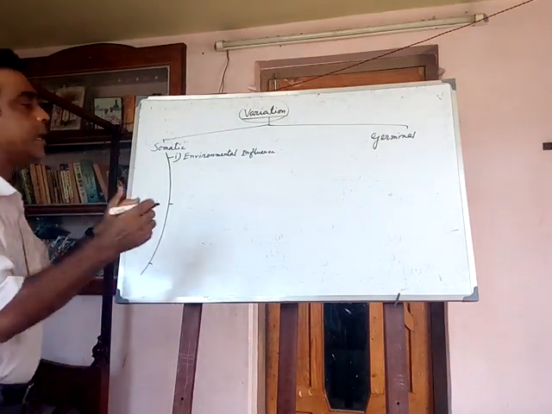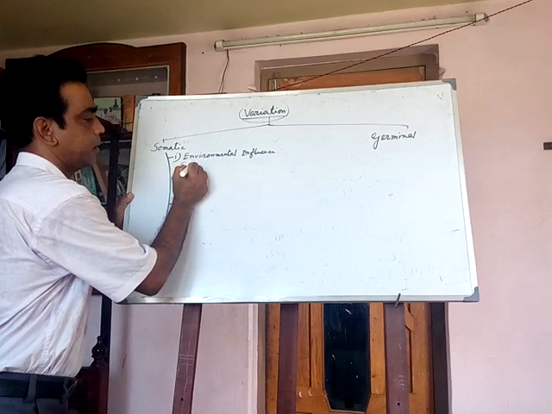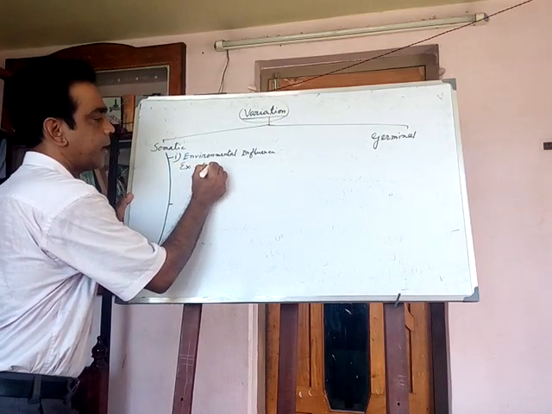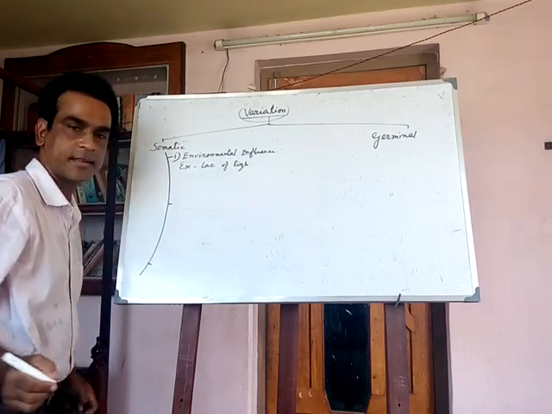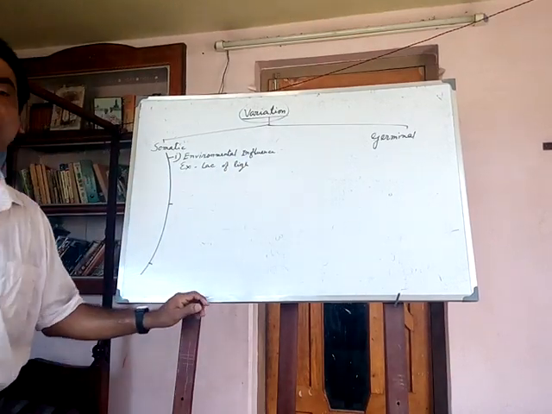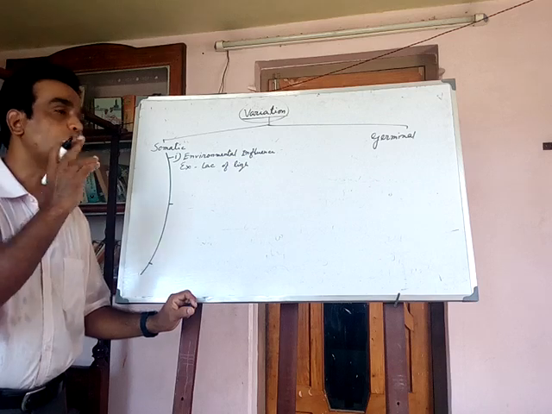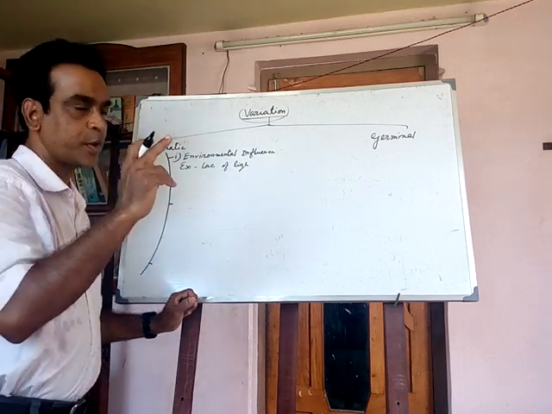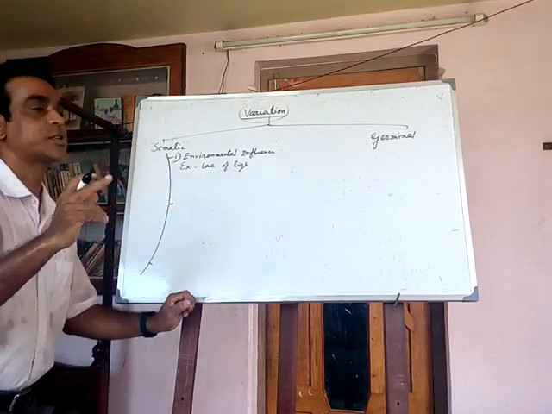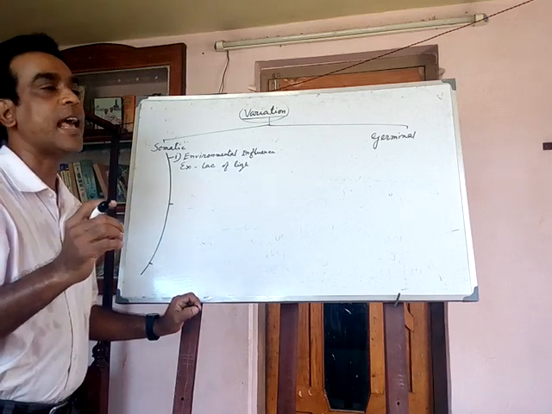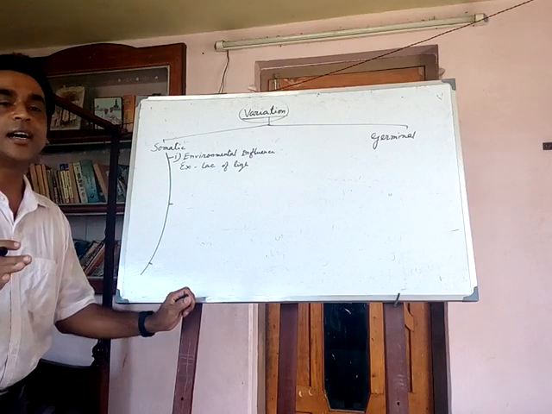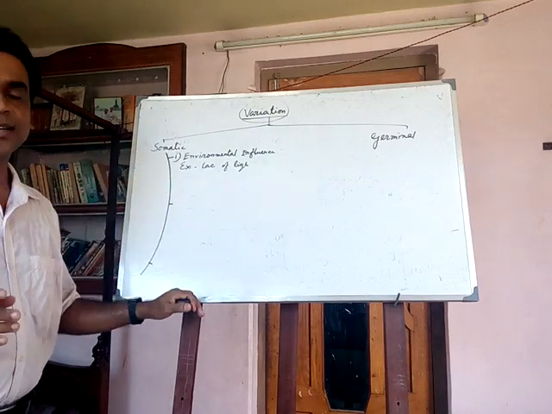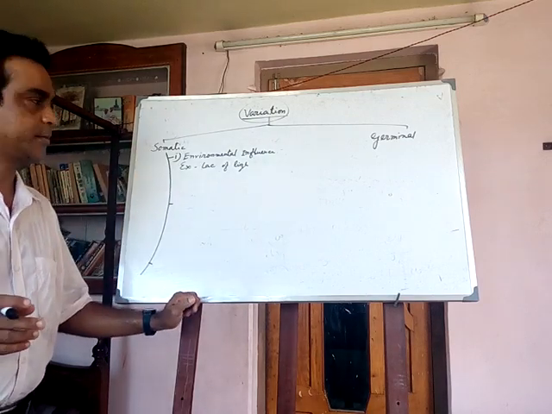For example, when there is a lack of light, that is sunlight, in the habitat of plant bodies, those plants show longer internodal stems.